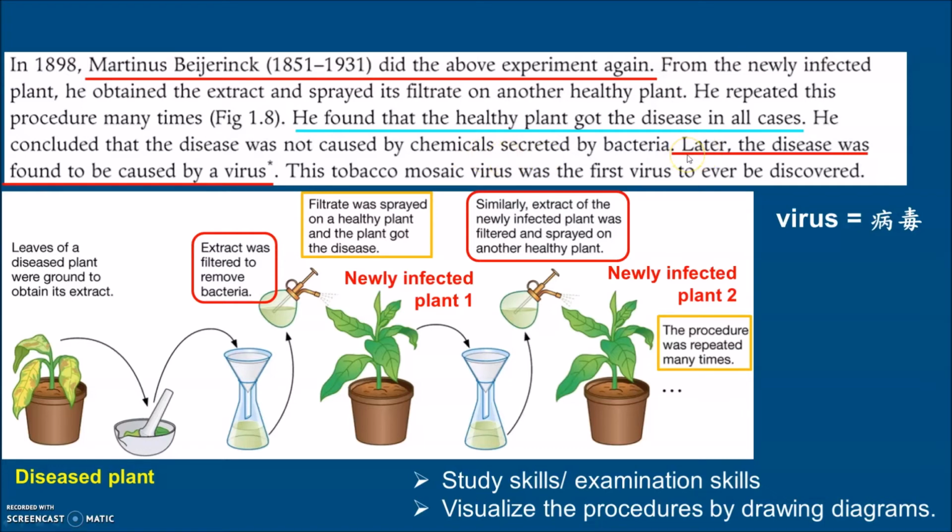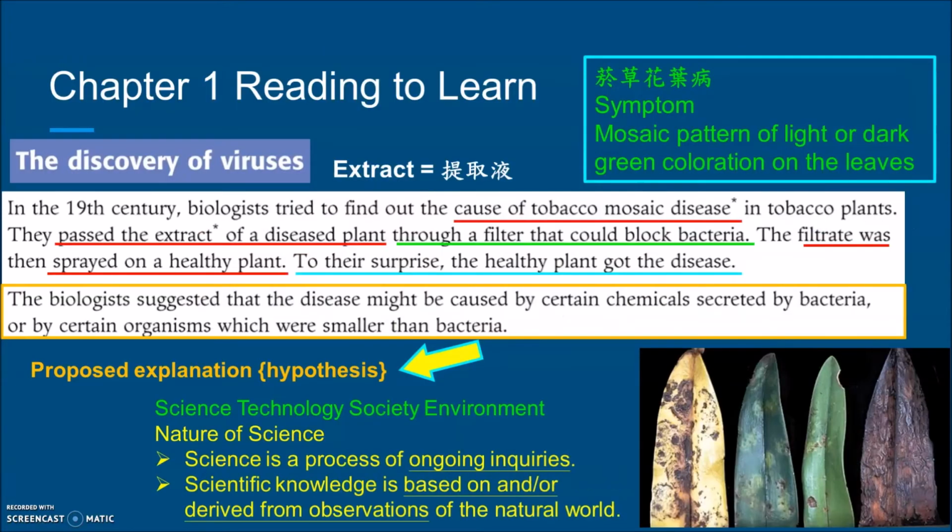And then finally they found out that the disease is caused by the virus, the tobacco mosaic virus, the first virus that we could crystallize and discover. Why is the virus so special? It is because viruses are much smaller than bacteria.